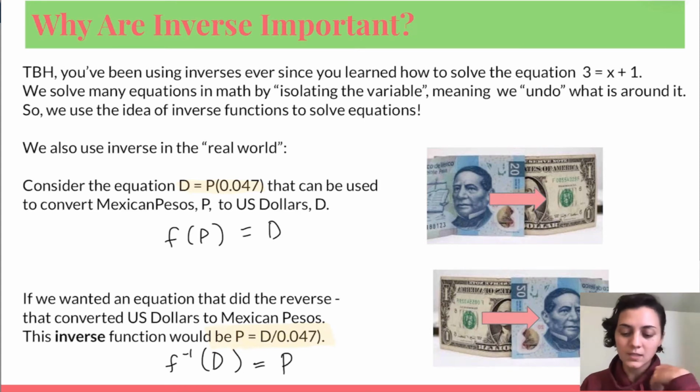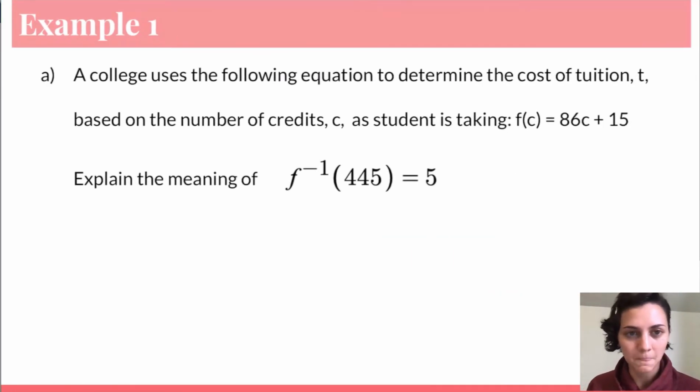Very cool. So let's do a little example of this, a real world example. A college uses the following equation to determine the cost of tuition. T is the cost of tuition based on the number of credits, C, that a student is taking. So credits are kind of just like classes.